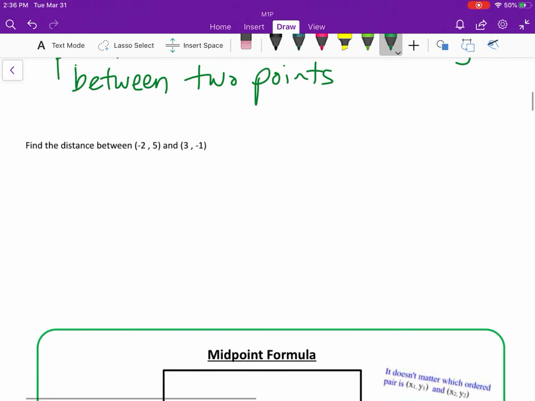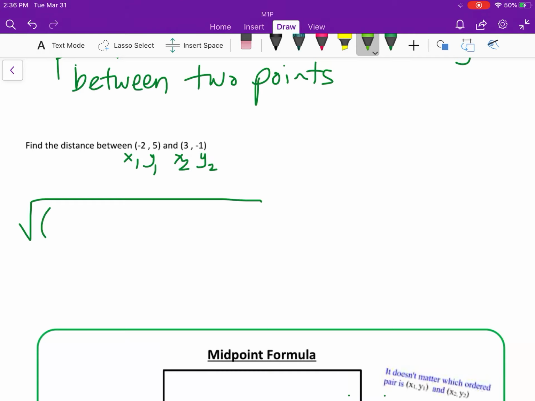So if you take a look, here's a problem that we could find the distance between. Now here's my x1, here's my y1, here's my x2, here's my y2. So if I'm going to actually do this, draw my root.